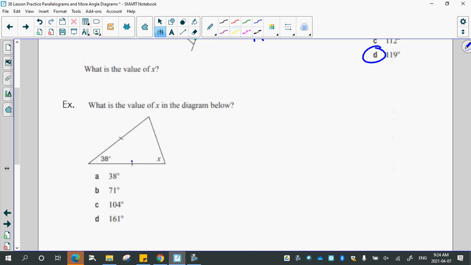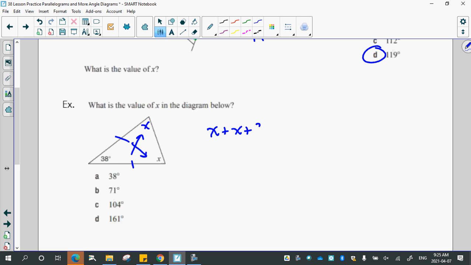All right, the next one is an isosceles triangle here, and they want you to get the value of x. Which angles are equal in this isosceles triangle? Yep. The x, yeah. So this is also x. So those angles are equal.